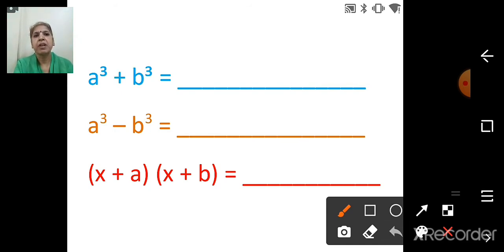And the next important formula, x plus A the whole bracket multiplied by x plus B, and the answer is x square plus A plus B the whole bracket multiplied by x plus AB, and it is a quadratic trinomial. And we have also learned how to factorize a quadratic trinomial.